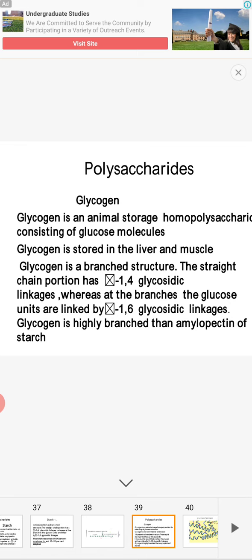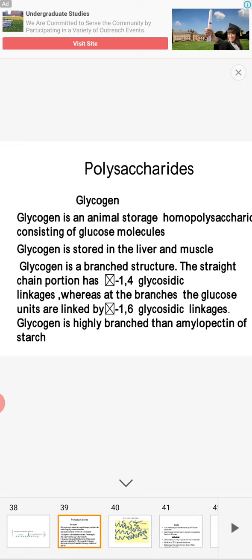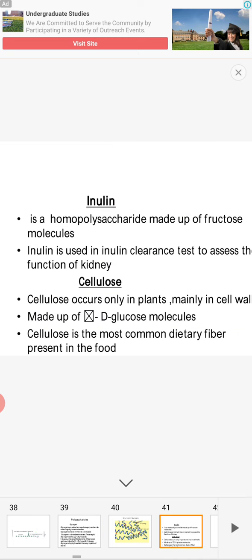It is more highly branched than amylopectin of starch. Starch is less branched, but glycogen is highly branched. It is mostly amylopectin. So that is just a diagram to show alpha 1,6 linkage at the branching point. In the straight chain, what is the linkage? Alpha 1,4 linkage.